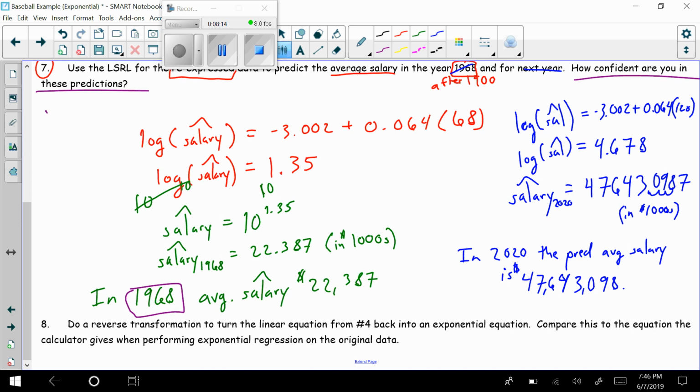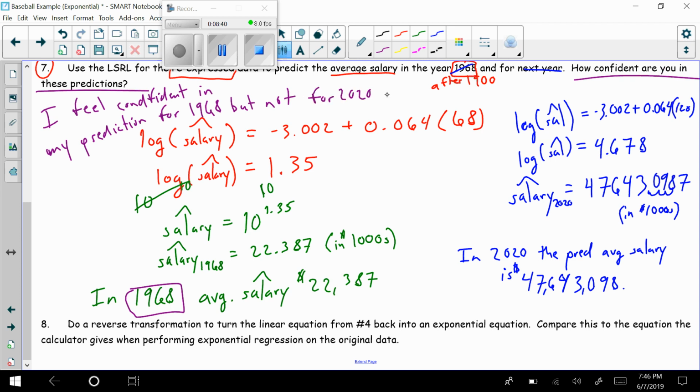So, I feel confident in my prediction for 1968, but not for 2020, because 2020 is an extrapolation.